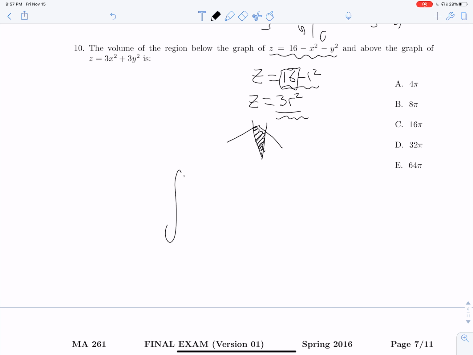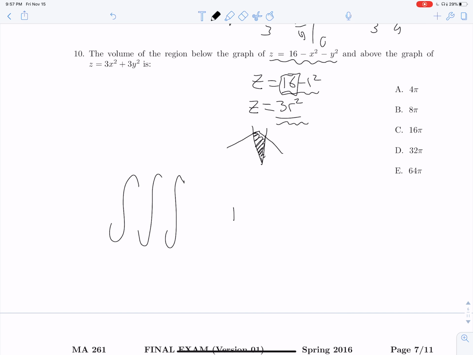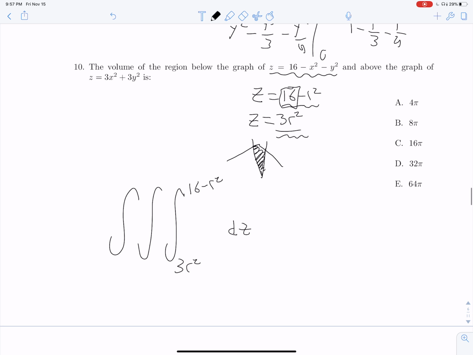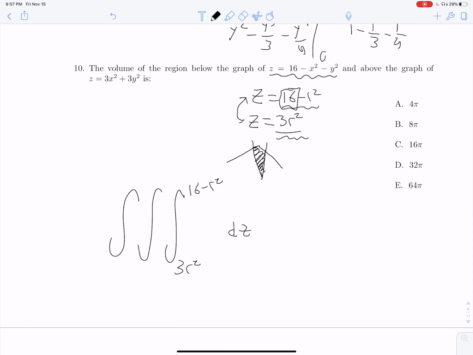So we can set this integral up pretty easily, although we do need an r value. So we know that dz, for z, is going to run between 3r squared and 16 minus r squared. But then, importantly, we still don't know what r is equal to, but we can set these guys equal to each other to see what this maximum radius r is.